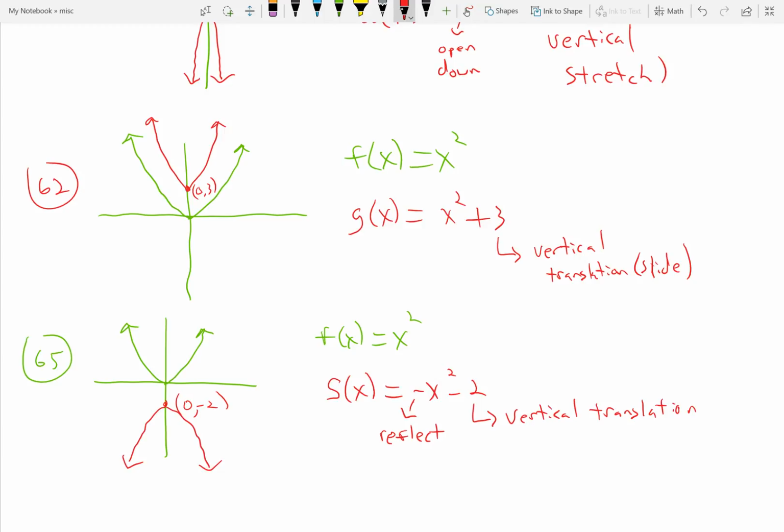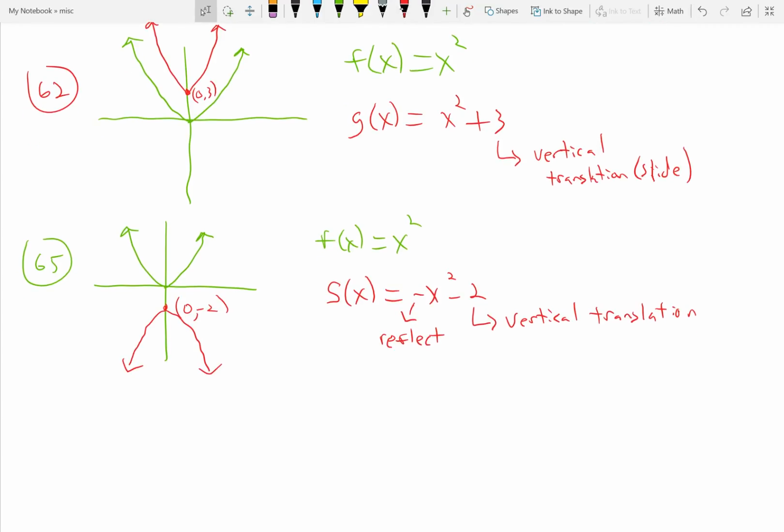All right. So generally here, in this form that we've seen, I'm going to call this y equals ax squared plus c. This thing here affects the width, how skinny it is, and the direction of opening.